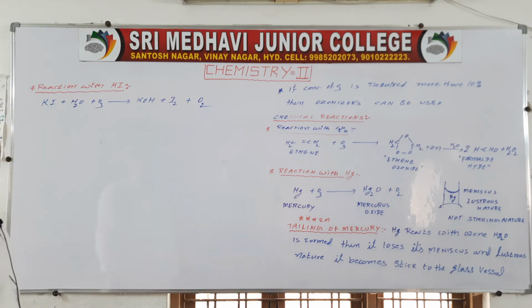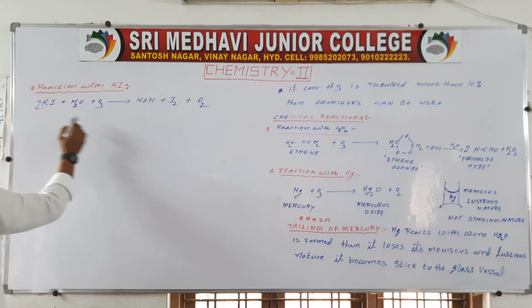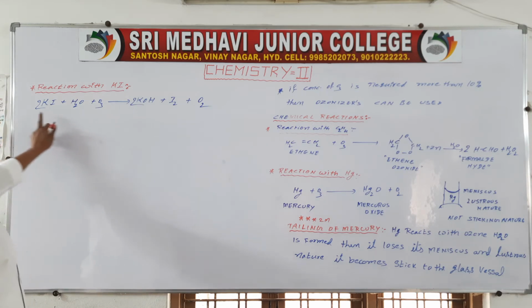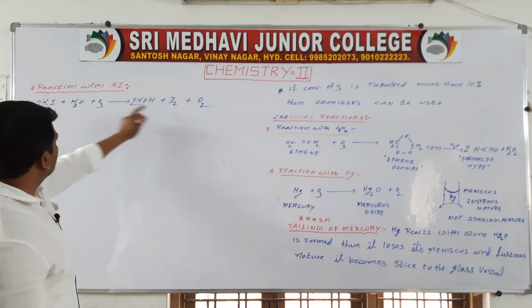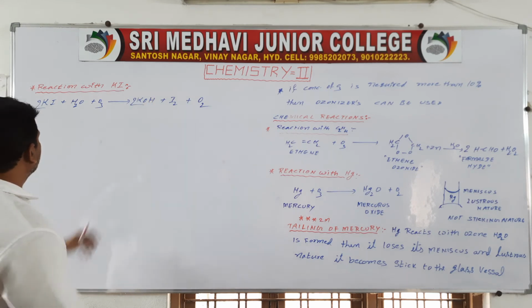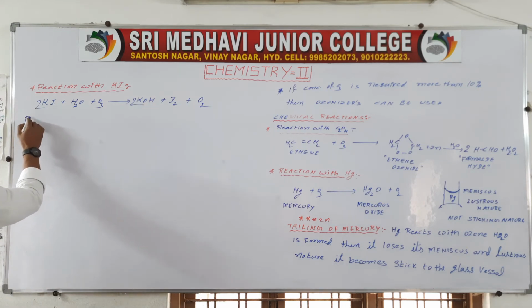If you take 2K, 2K, 2I, I2, 3 plus 1, 4, 2 plus 2, 4. It is potassium iodide.